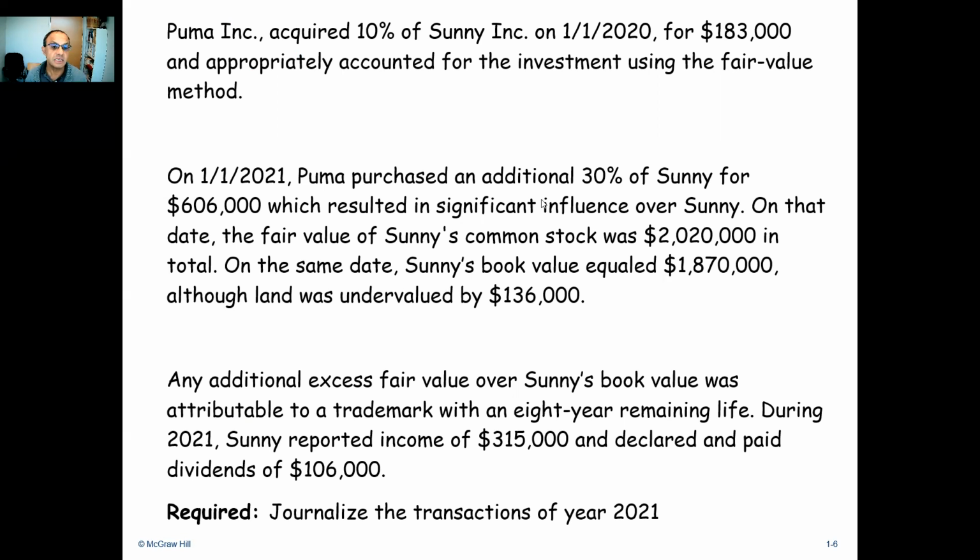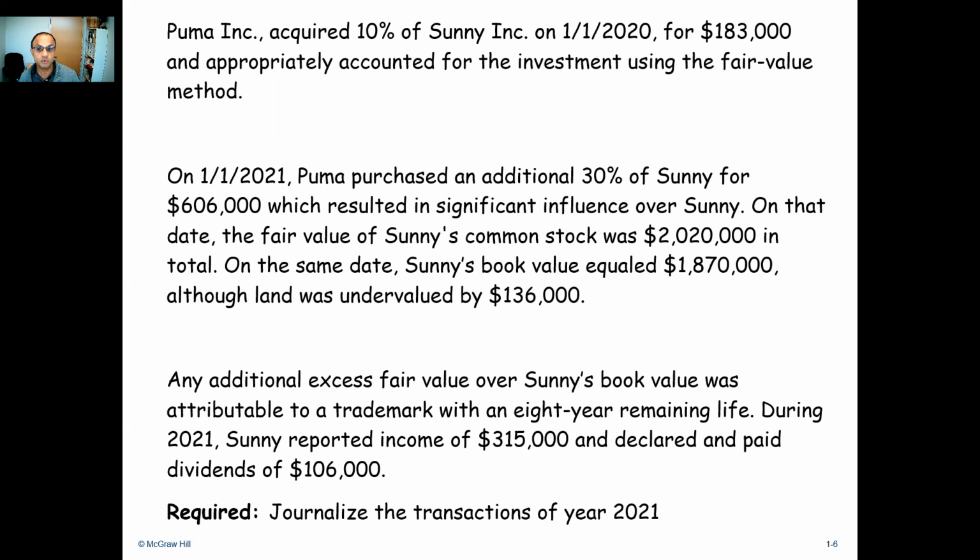So for this change that happens in the common stock and the land, they recognize it as trademark with 8-year remaining life, which means we take this difference divided by 8 years to get the amount that should be allocated in year 2021. And then Sunny reported net income. So we need to take our portion of that net income and the dividends as well.